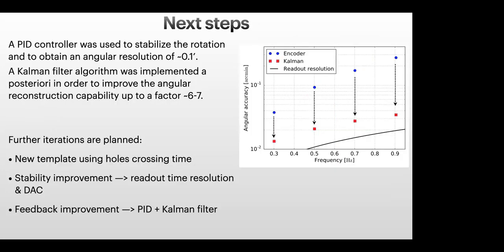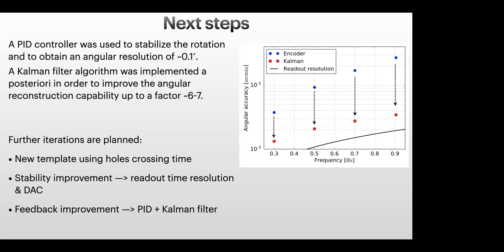And so, just to conclude, we developed our system. Our system is mainly based on a PID controller that was used to stabilize the rotation, and thanks to this PID controller, we can obtain an angular resolution of the order of 0.1 arc-minute.